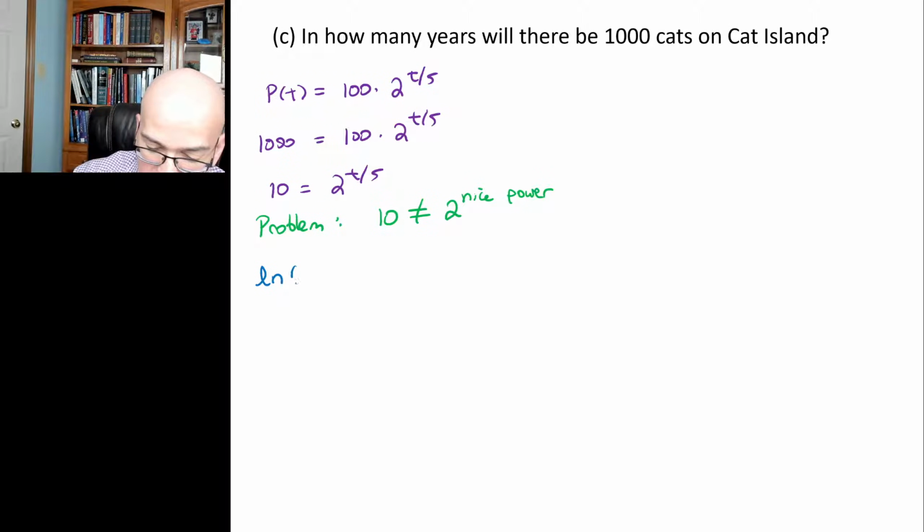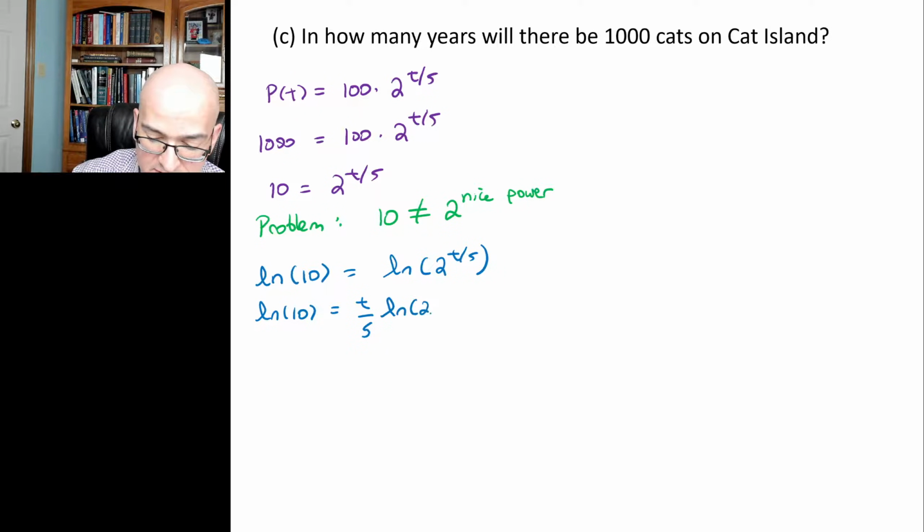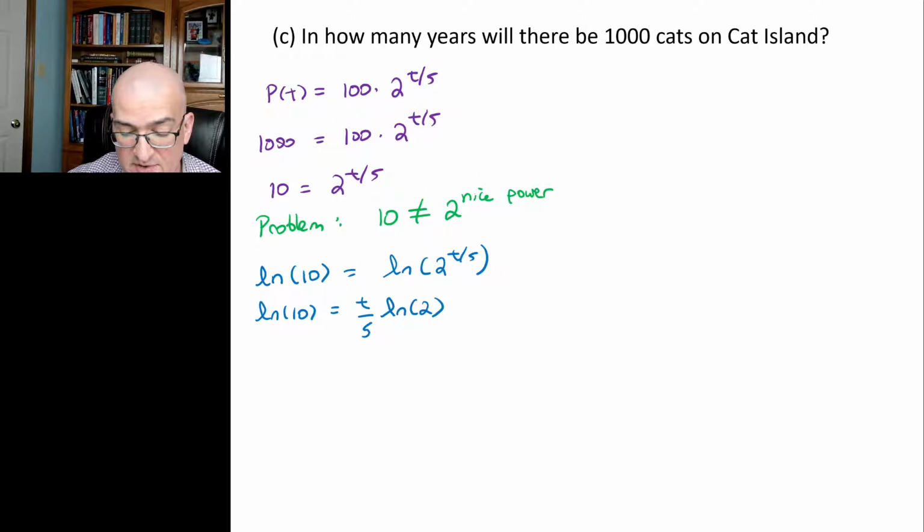The ln of 10 is equal to ln of 2 to the t over 5. So ln of 10 is equal to, bring the t over 5 down using that log property that has gotten a lot of mileage in this course. Now I'm going to multiply both sides by 5 and divide both sides by ln 2.